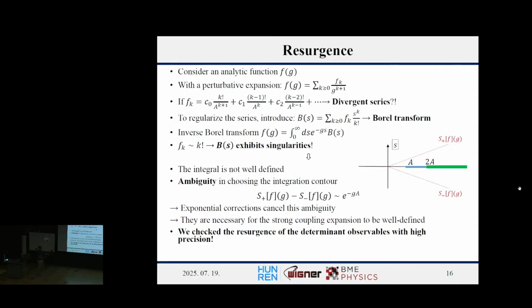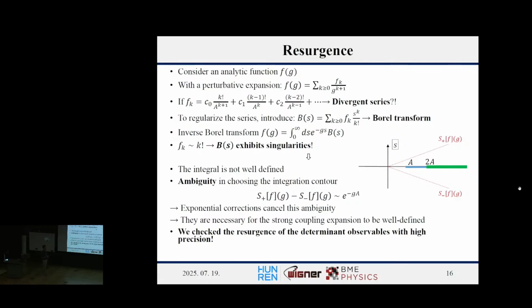It also has an inverse. So if you had not a factorial growth, but some nice convergent series, you can transform it to the Borel plane and then transform it back, no problem at all. This is the inverse transform of this Borel transform. What is important is that it is given by an integral of this Borel function.